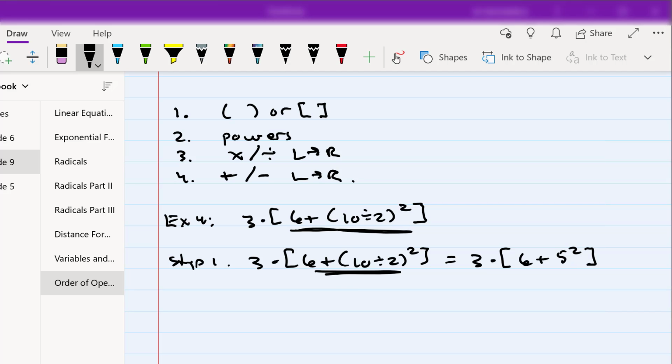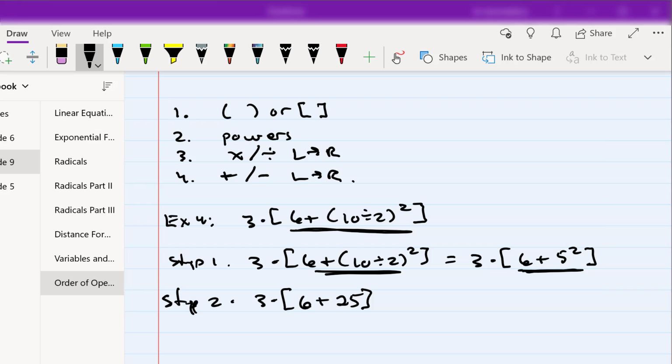Since brackets have the highest order of precedence, we still need to consider the brackets and what's inside. However, we notice that we have 6 plus 5 squared, and inside the bracket, the power will have a higher precedence. So step 2 will be 3 times 6 plus, we do 5 squared next, 25.